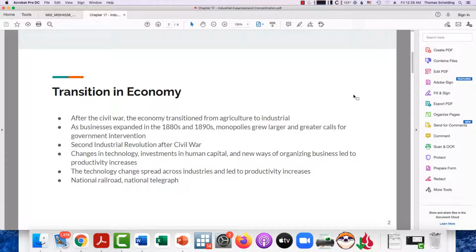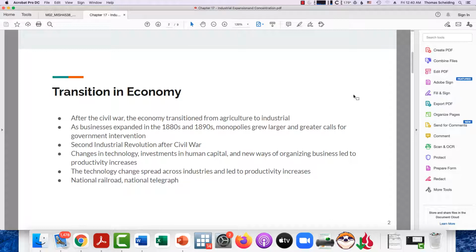So what this time period represents, the closing decades, represent the Second Industrial Revolution, where we've already talked about how we had a national railroad that was built, we had a national telegraph system that existed.